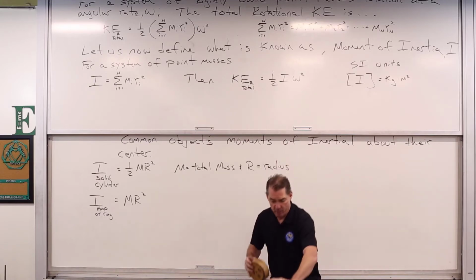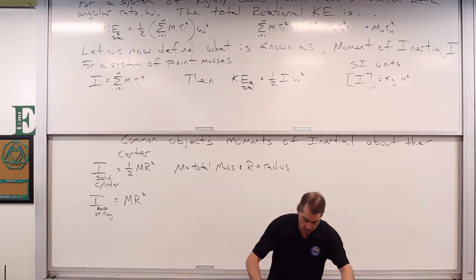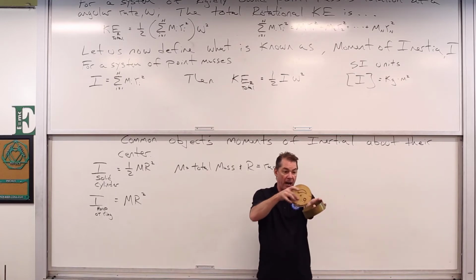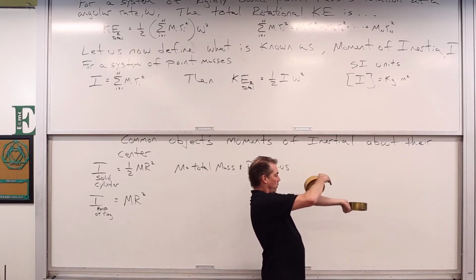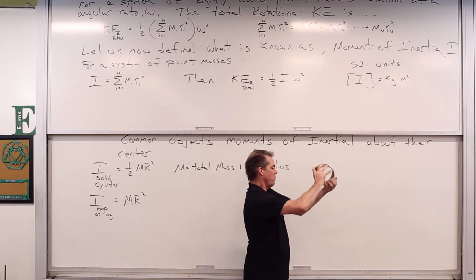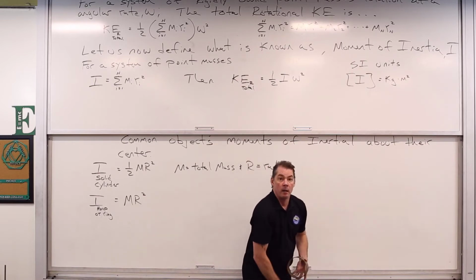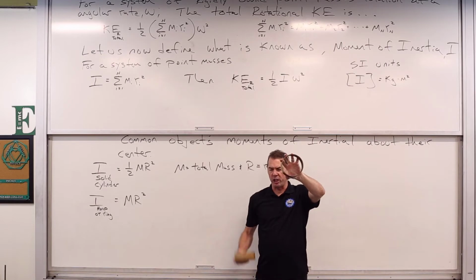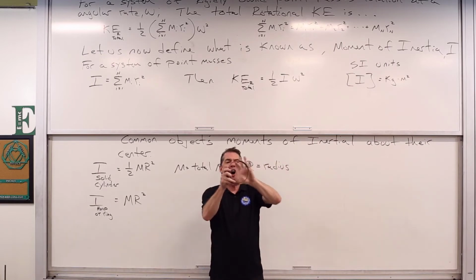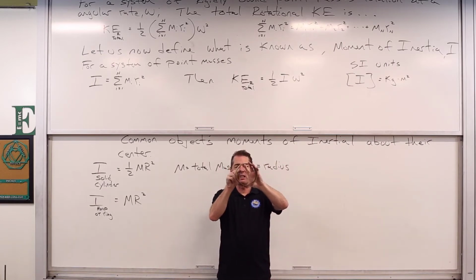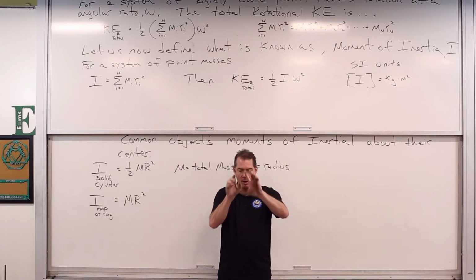Relative to their centers, which they would roll about, if allowed to roll, you probably couldn't see that, but it rolls, right? Rolls about its center. This one has a greater moment of inertia. Why? Because all of its mass, all of its individual mass elements are as far away as they can be from the central axis of rotation.